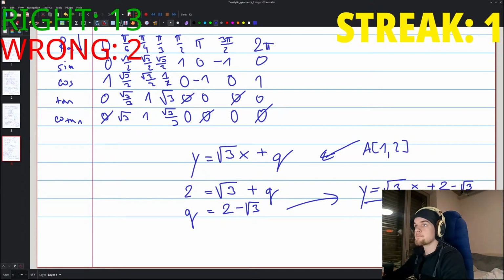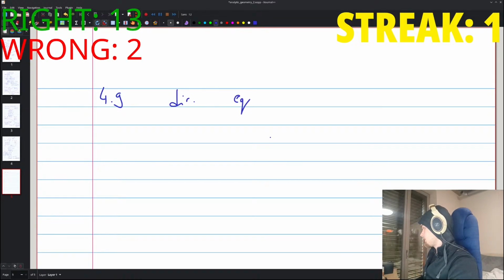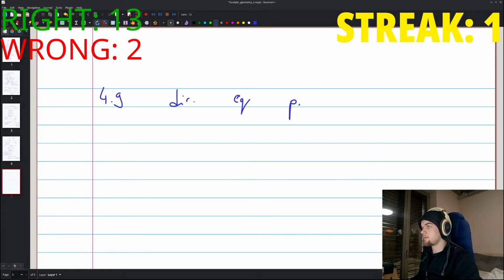4.9. So once again, the directional equation. And we are trying to do directional equation of P1. It goes through the point A, minus 3, 3.